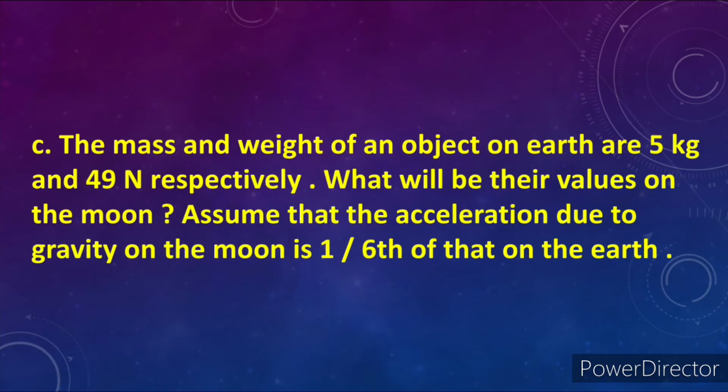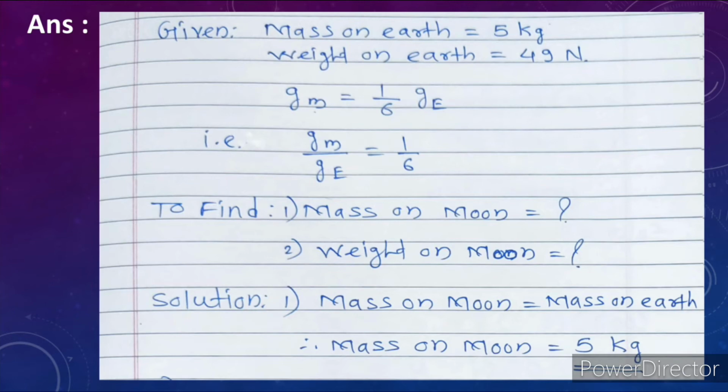C. The mass and weight of an object on Earth are 5 kg and 49 Newton respectively. What will be their values on the moon? Assume that the acceleration due to gravity on the moon is 1 by 6th of that on the Earth. Answer.